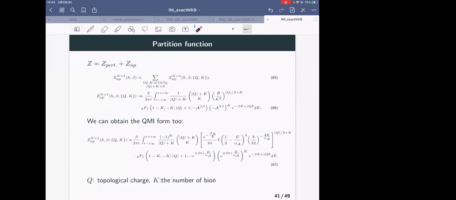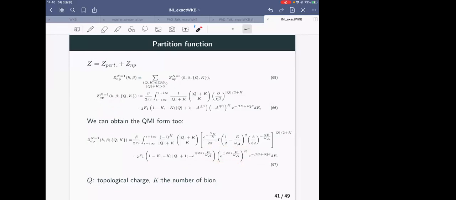So if you want to consider the resurgent structure of the partition function, then just apply the DDP formula to it. And if you want to know the quasi-modular integral form, then just use almost the same procedure as the previous calculation, and we can get this result. Here is the quasi-modular integral, and this is the baryon. And this is the phase ambiguity term.